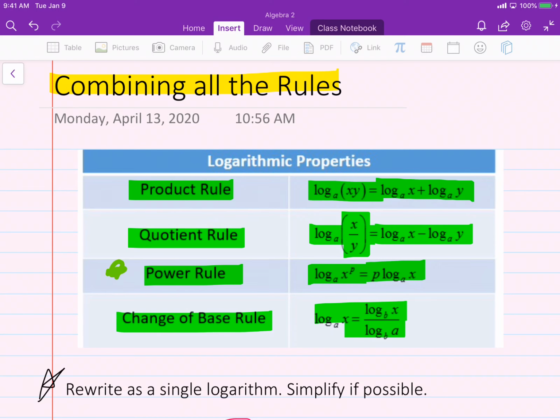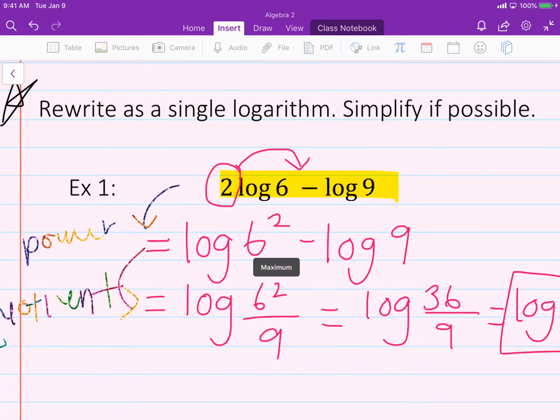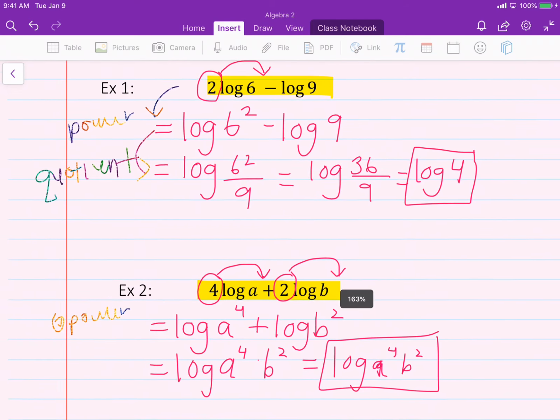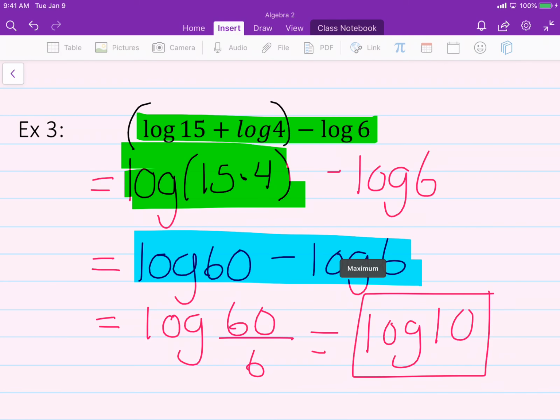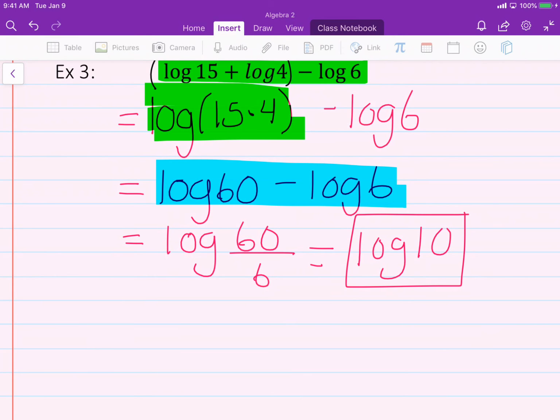However, it is a good idea to always start with that power rule first. If you see any coefficients, I would first change those into exponents the way that we did here, and then you can use those product rules. If it's given to you in three terms, just make sure you go from left to right, use your order of operations, and then just simplify accordingly.